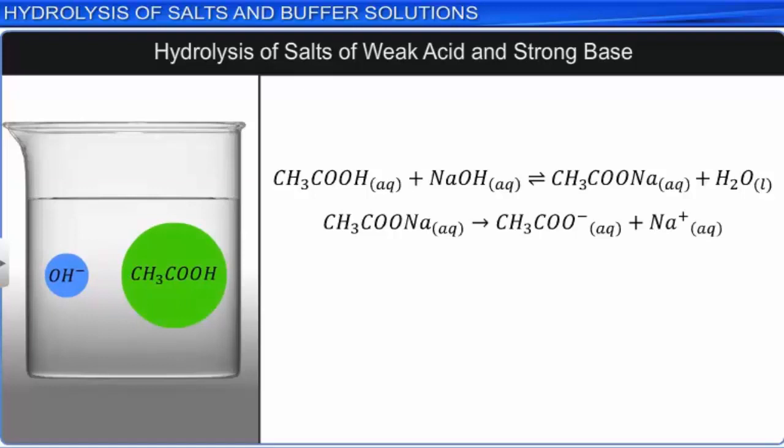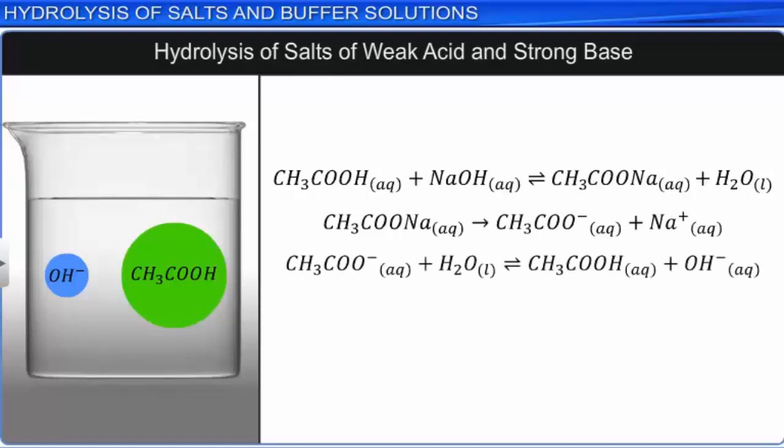Hence, its solution is basic. That is, its pH lies above 7. Thus, it can be concluded that the aqueous solution of a salt of a weak acid and a strong base is alkaline due to the hydrolysis of the anion.